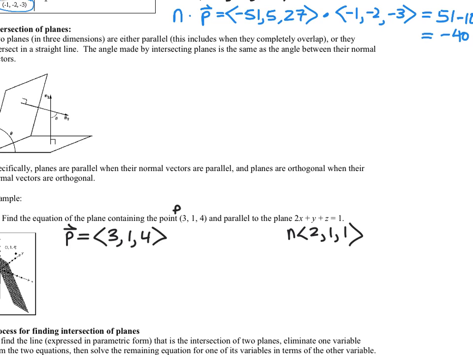I need to figure out the right-hand side, which is the dot product of N and P. So 6 plus 1 plus 4, result is going to be 11. All right, so my parallel plane is going to be 2x plus y plus z is equal to the right-hand side, which is 11, because that's my d value.